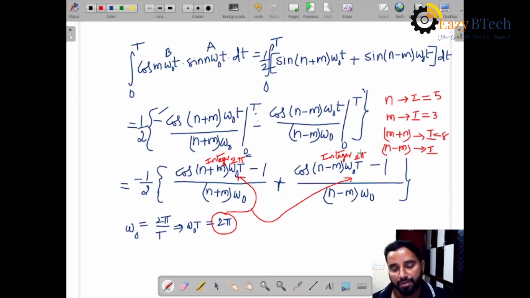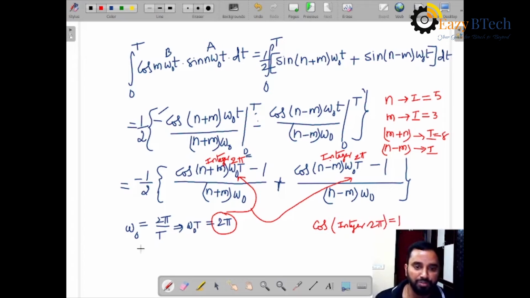So cos of an integer into 2 pi, this total value will become 1. So cos of any integer into 2 pi will be 1, right? So this point we are going to take.